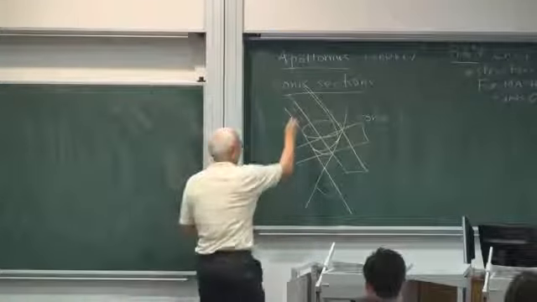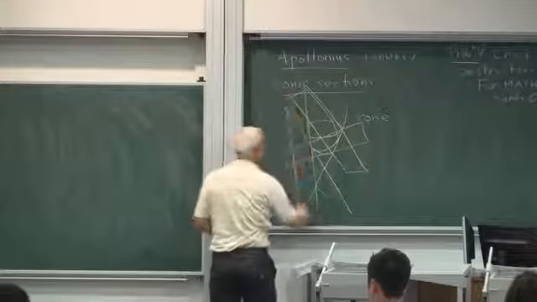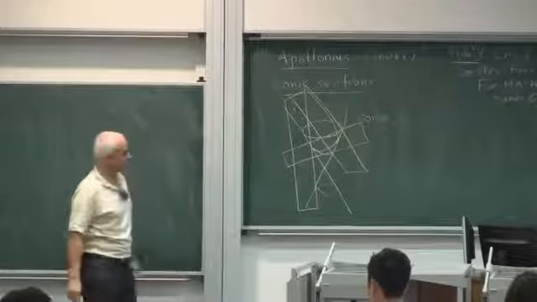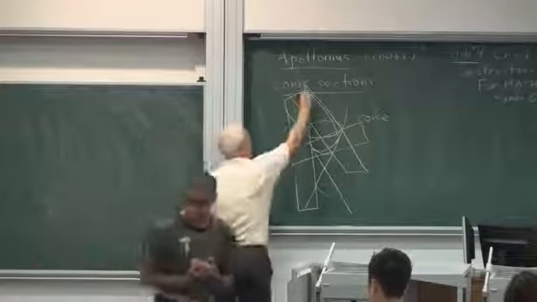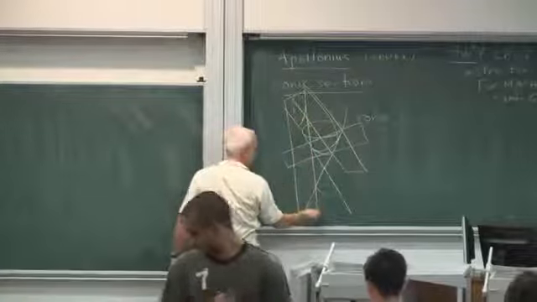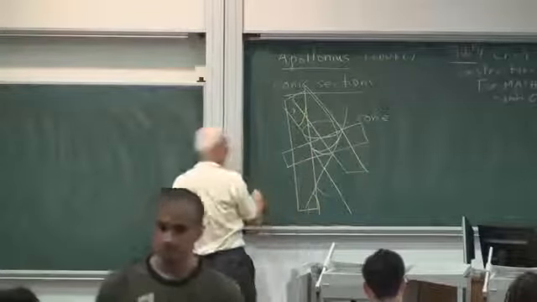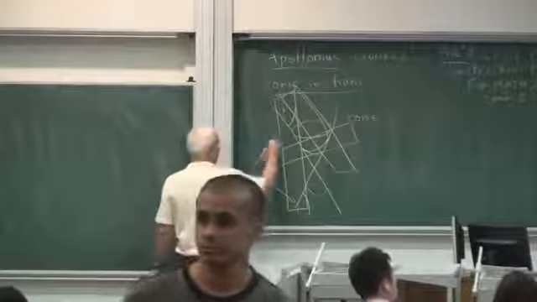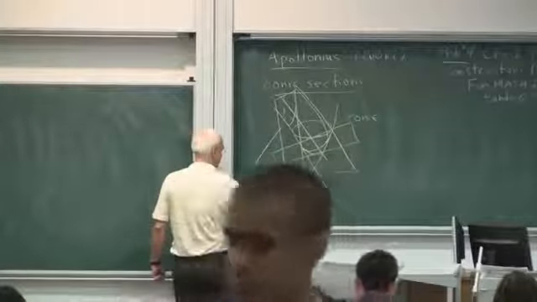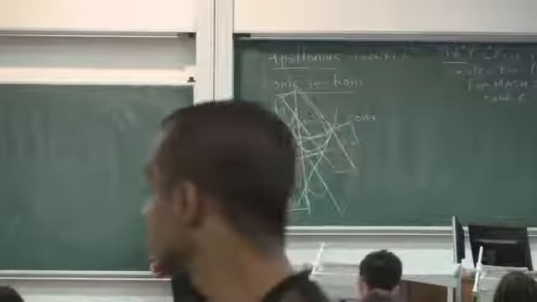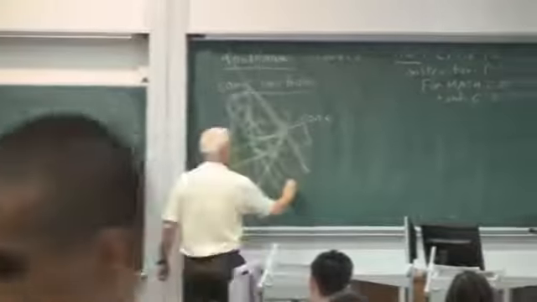And if the plane was at some other inclination like that, then you get two branches, one here and one here, so you get a hyperbola. The first one was an ellipse.